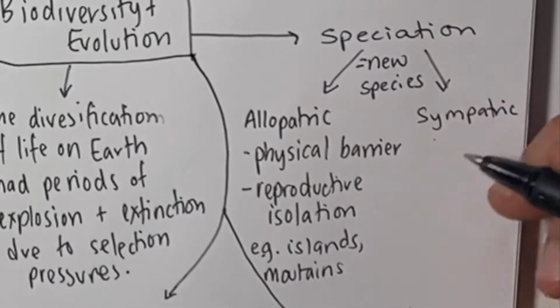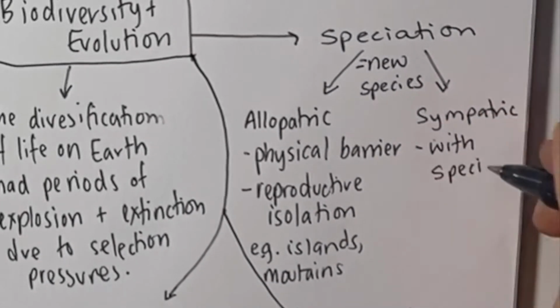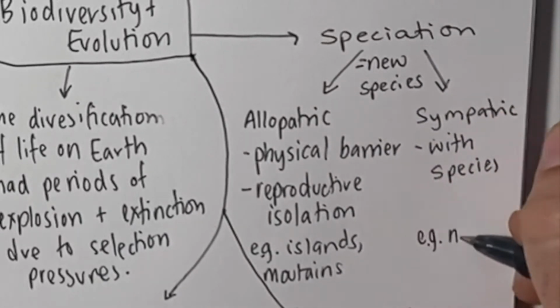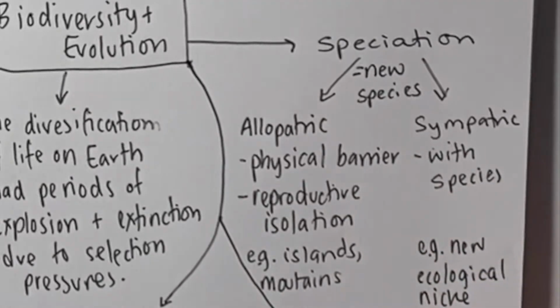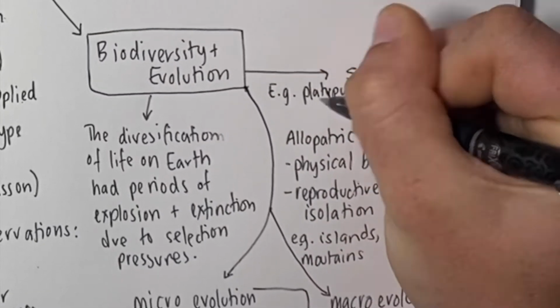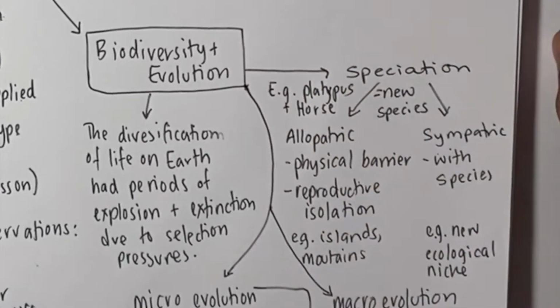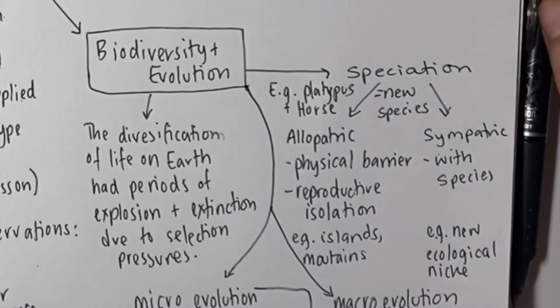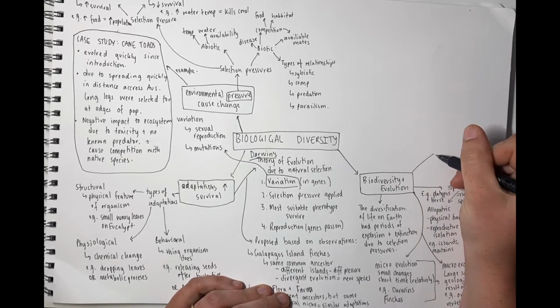Physical barriers can include islands and mountains, whereas sympatric speciation occurs within a species, where an organism may find a new ecological niche, or there's a selection pressure within the population that results in the new species. The two case studies that we looked at were the platypus and the horse.